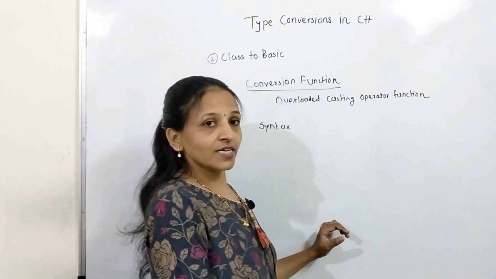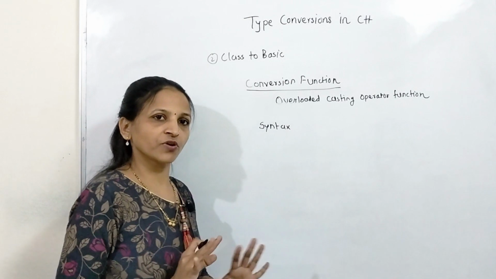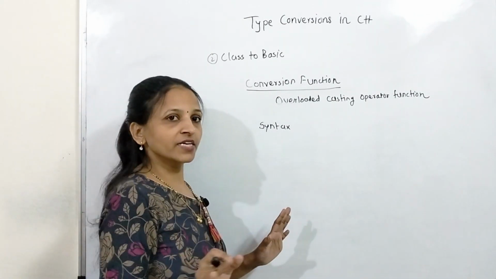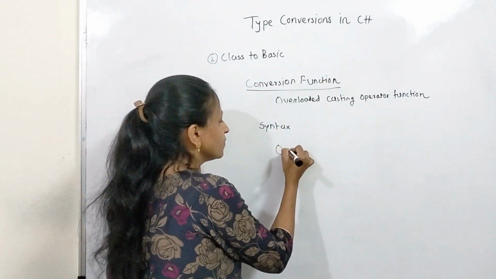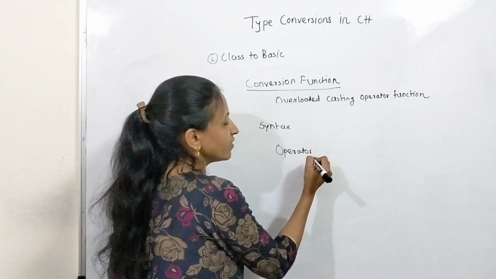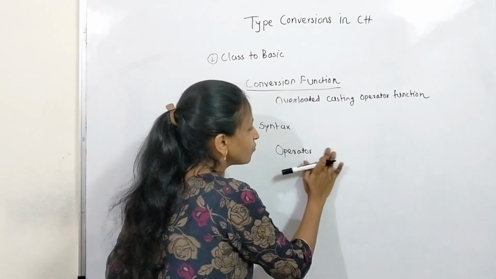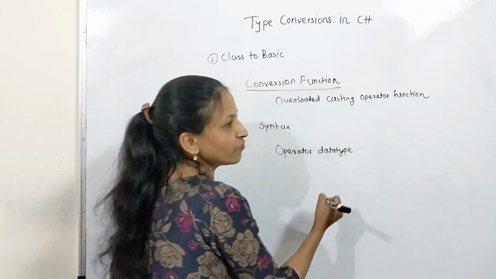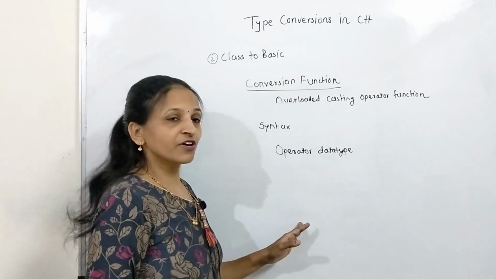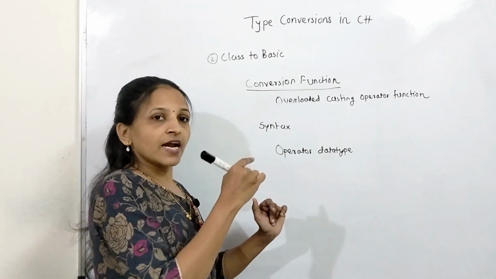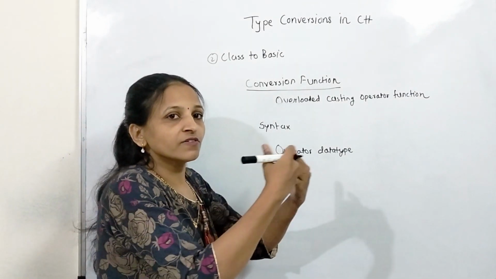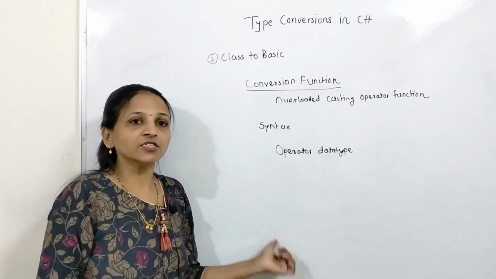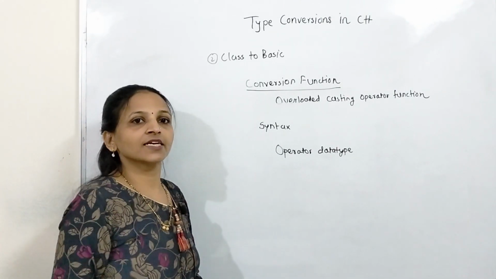Whatever the conversion type is, you can consider that as the return, but don't mention it here. The function name is the operator keyword first, then the data type to which you want to convert. This operator function we are going to write in a class. If you want to convert that class object to integer, then you have to mention the int data type over here, and this operator function has to be written inside that class.